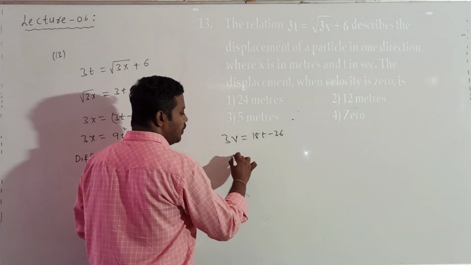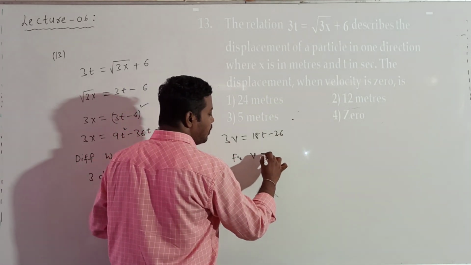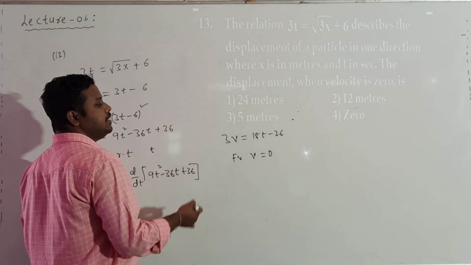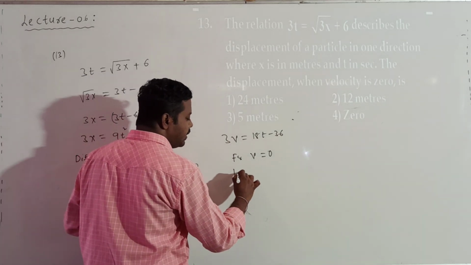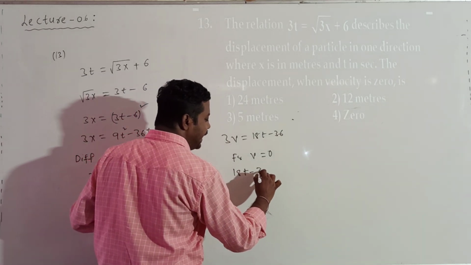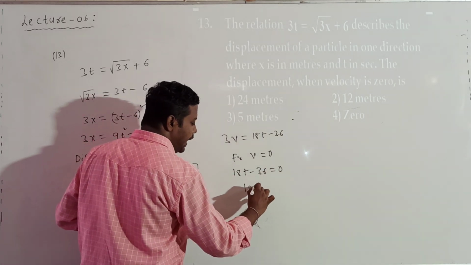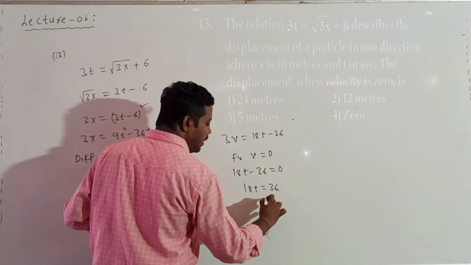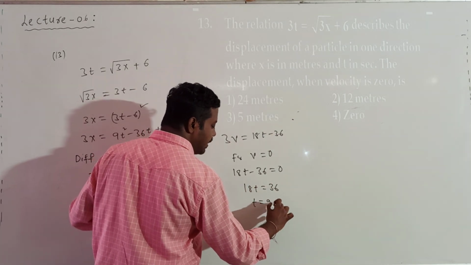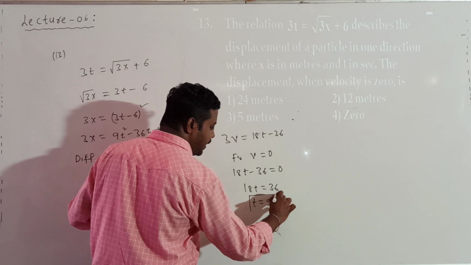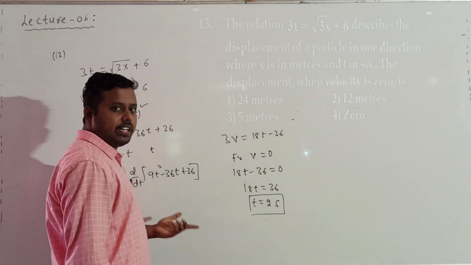But they are asking for when velocity is 0, so v is equal to 0. Then 18t - 36 = 0, so 18t = 36. Then the t value is 2 seconds. So the velocity will be 0 after 2 seconds.